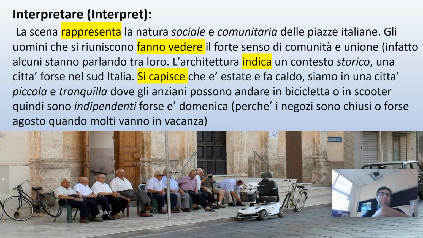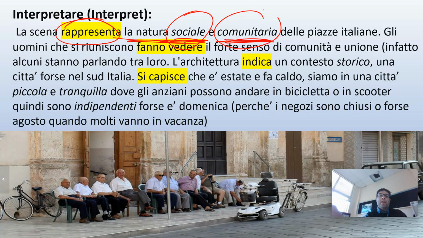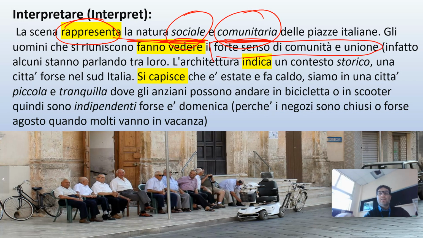La scena rappresenta bene la natura sociale e comunitaria delle piazze italiane. So we got a couple of adjectives to describe the situation. Gli uomini che si riuniscono fanno vedere il forte senso di comunità. So this is something certainly that you can highlight.